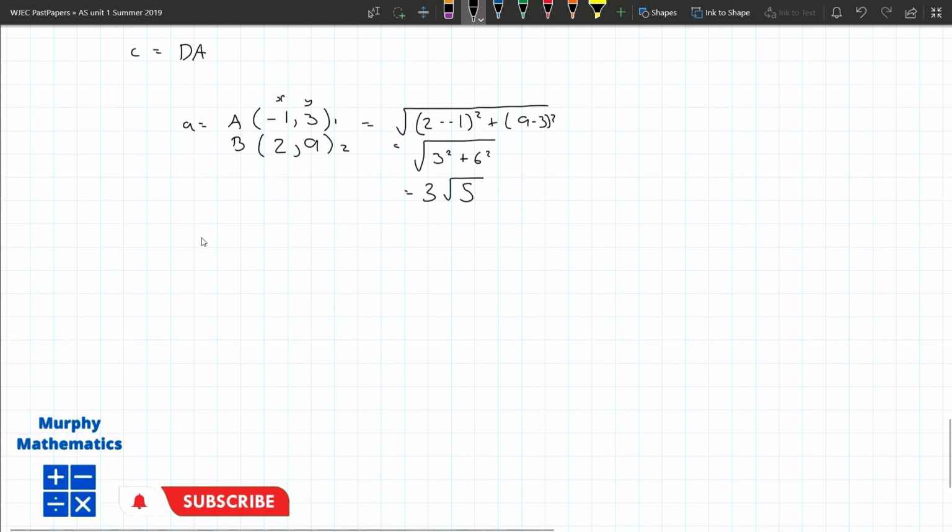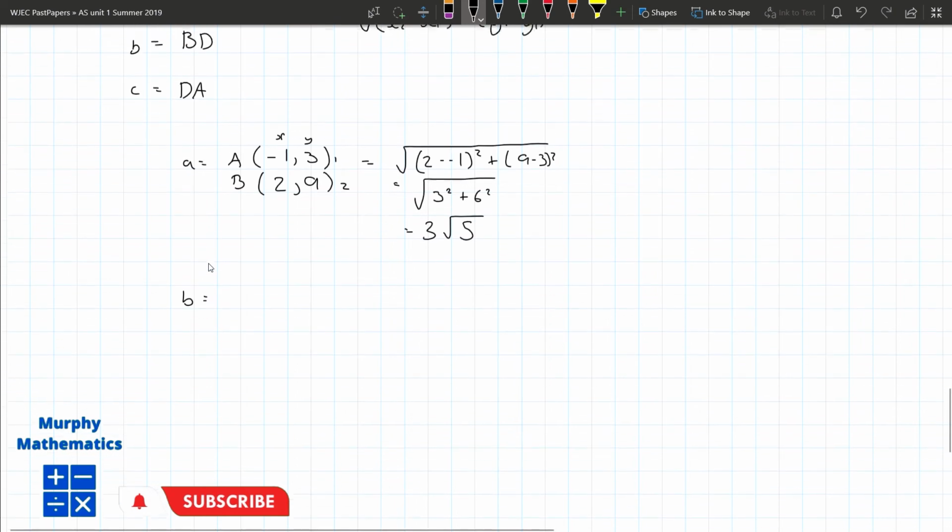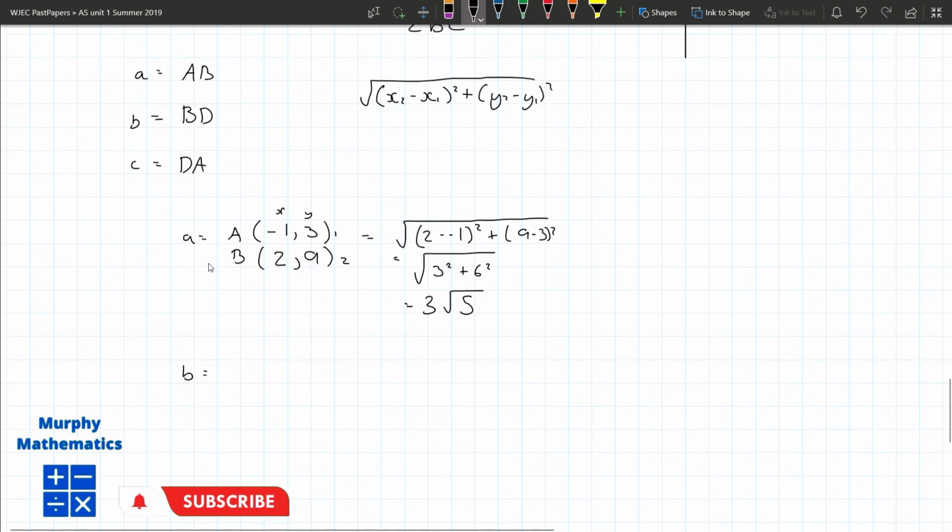So let's have a look at little b. And the coordinates we use are B and D, which are 2, 9 and 25, 0. So putting those in, x, y, 1, 2.